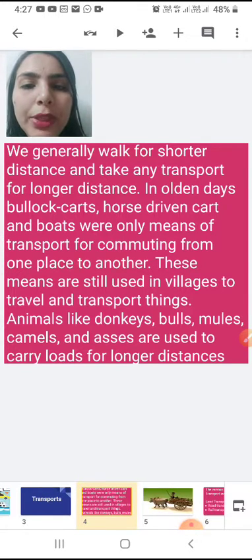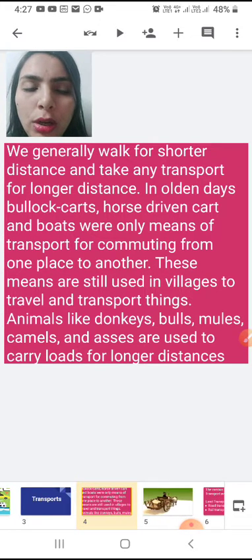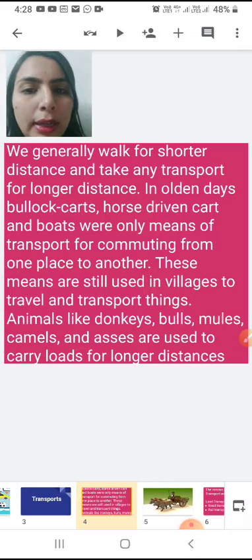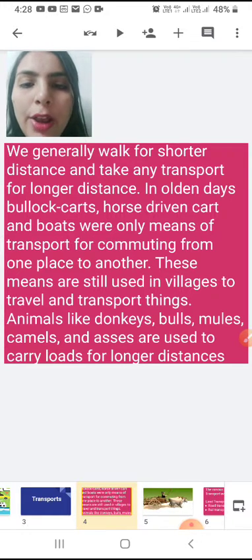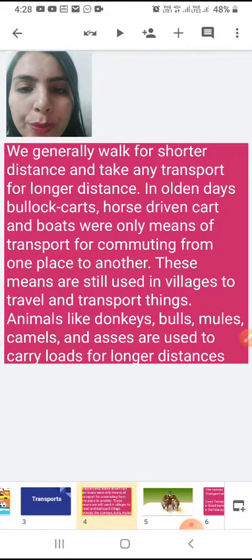So here it is written what is the meaning of transport. Even today, we generally walk for the shorter distances. If we want to go to our nearby places, we can walk.